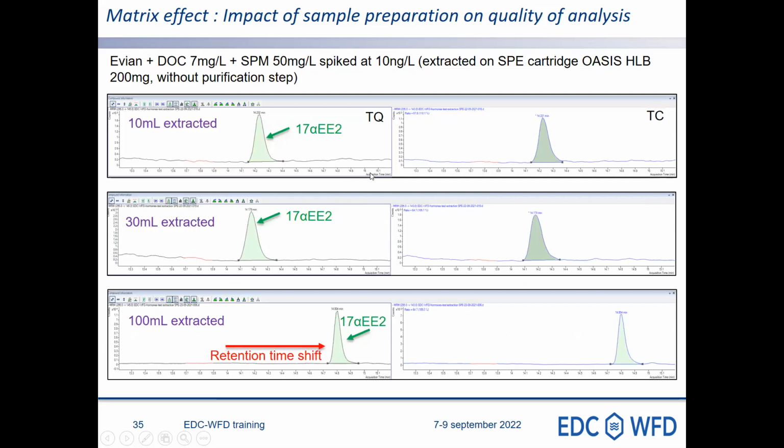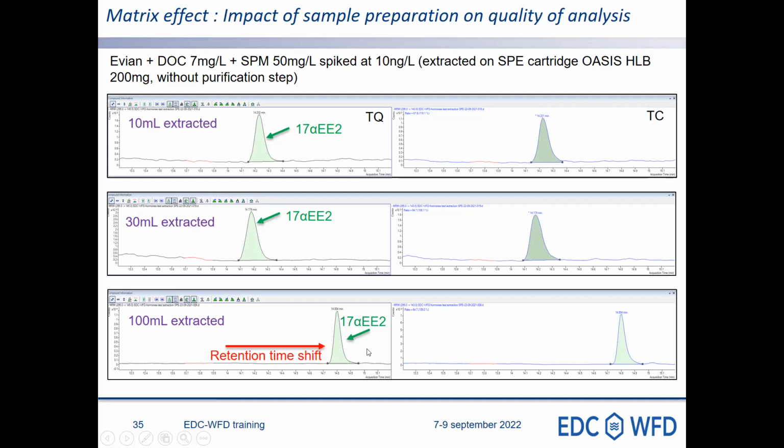Here, once again, some partners also had bad experiences with shift of the retention time for 17-alpha estriol, depending on the content of the matrix. So here you see the shift is important. It means that the matrix really has a strong influence on the chromatography, and you have to take care.